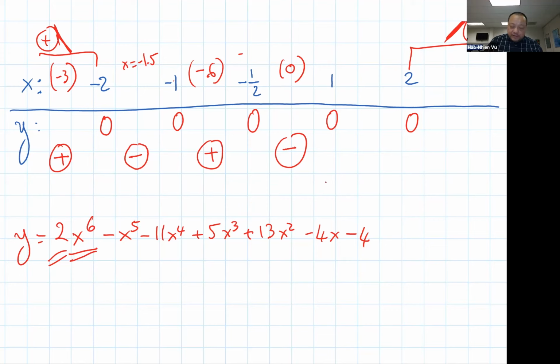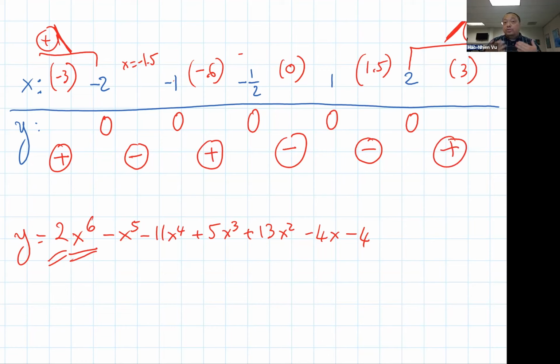As we will see right now by checking in between 1 and 2, a good test number here would be something like 1.5. Put in and we get -4.375. So it's negative again. And then on this end, I could test something like x equals 3. And that gives me y equals 560, and that's positive.